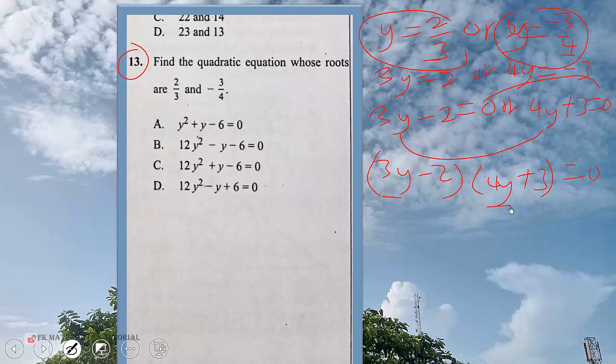Now 3y times 4y will give you 12y squared. 3y times 3 will give you plus 9y. Negative 2 times 4y will give you negative 8y, negative 2 times 3 gives you minus 6 equals 0. So we have 12y squared plus y minus 6 equals 0. So the correct answer is option C.